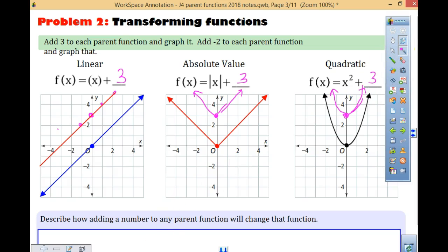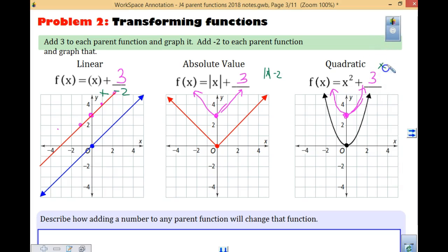So now we want to do adding -2. So let's go through this time. So -2. So if I have y equals x minus 2 or plus a -2, this one is going to be absolute value of x minus 2. And our last one we are going to be looking at is x squared minus 2.